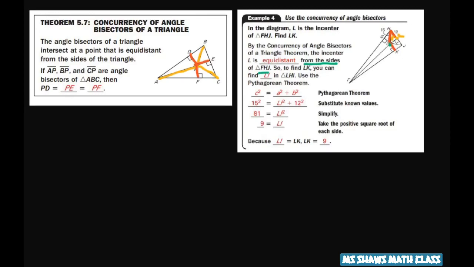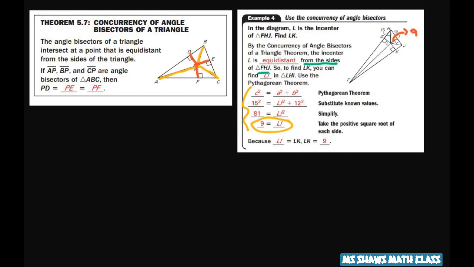So we're going to have to use the Pythagorean theorem to find this. So here's your L right there, and this is I. And then we know this is a right angle. So use the Pythagorean theorem here, and you get LI is 9. So if LI is 9, so that's 9.